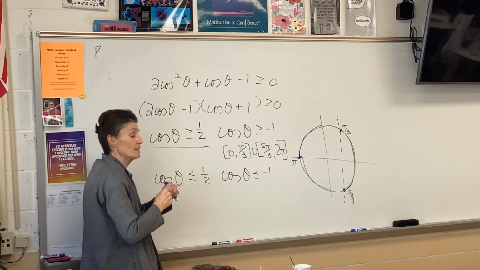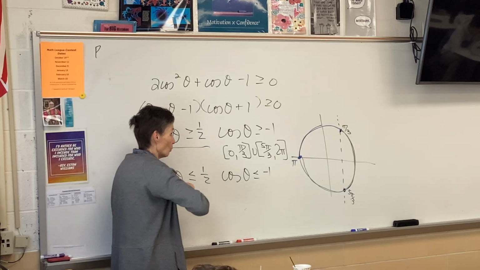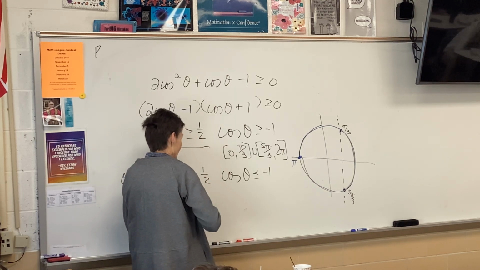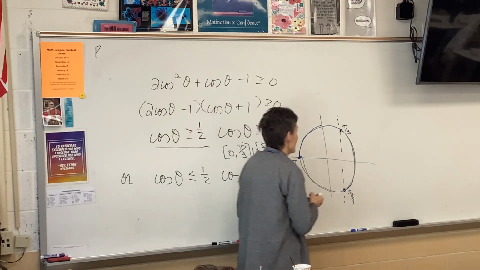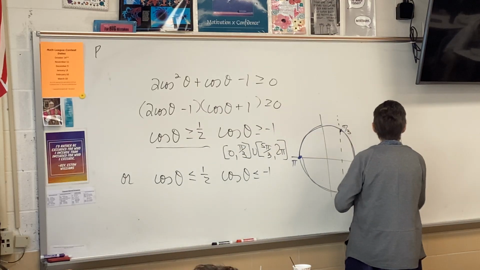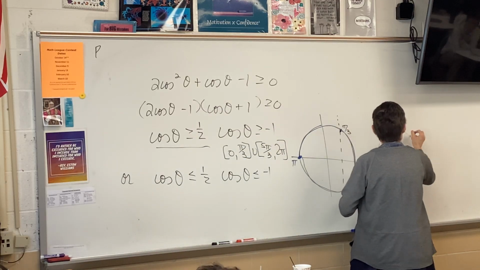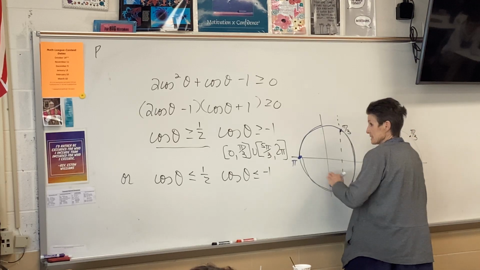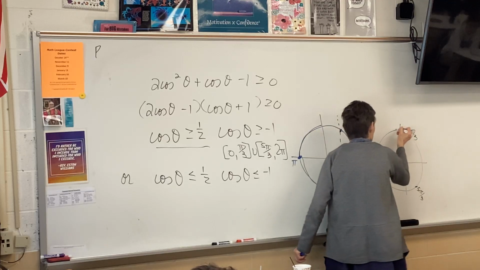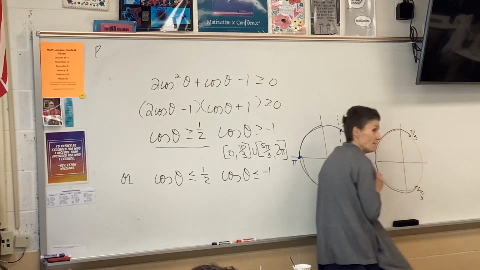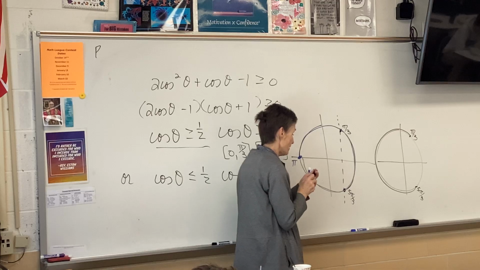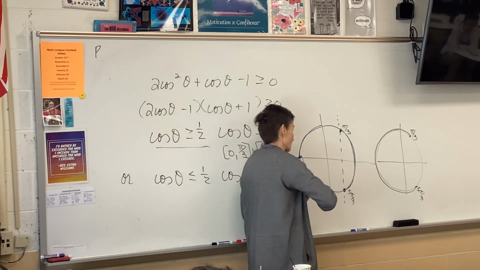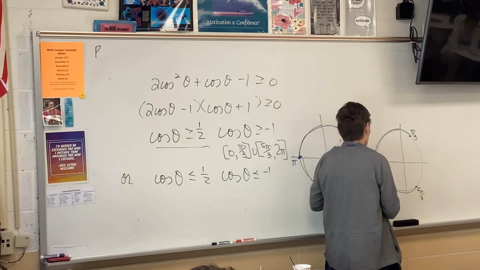Now we'll do the second half of the question, which is essentially the same dots, but now shaded the opposite way. So I'm going to have pi over 3, 5 pi over 3. And this time I'm less than, so that would be all this. Would you agree with that? And then I've got my pi, my -1, as Leo said.